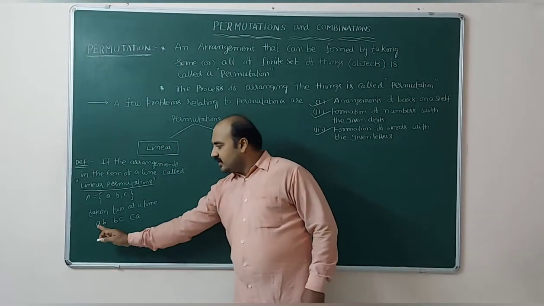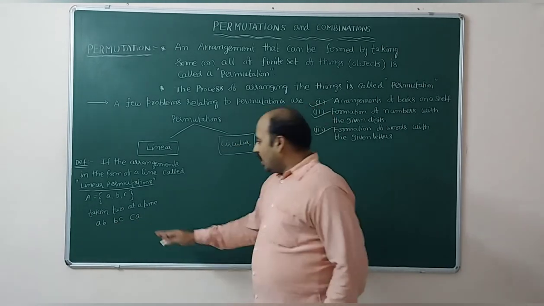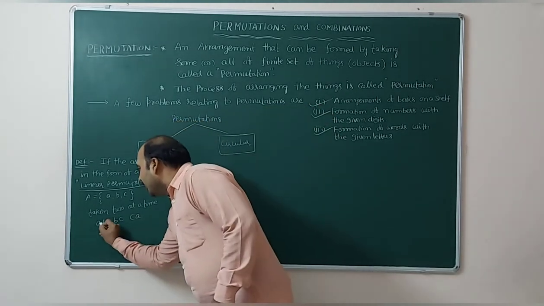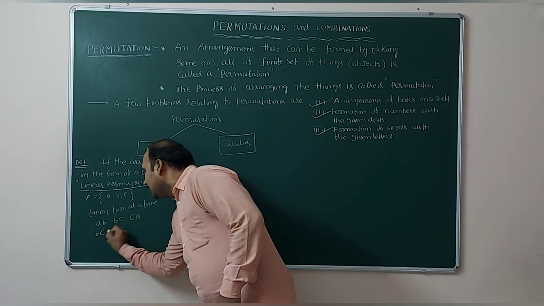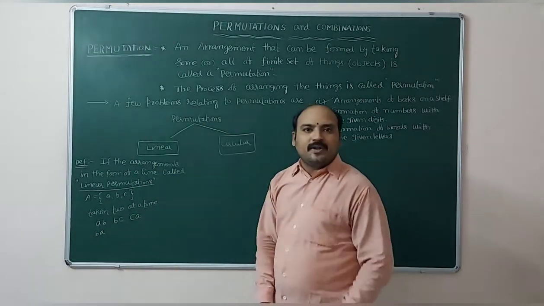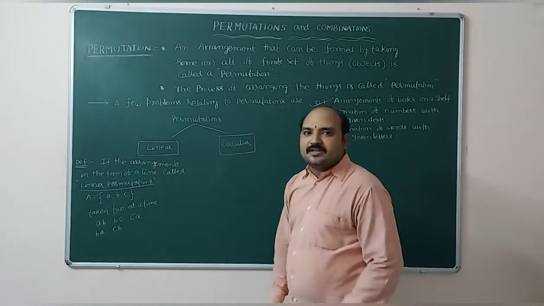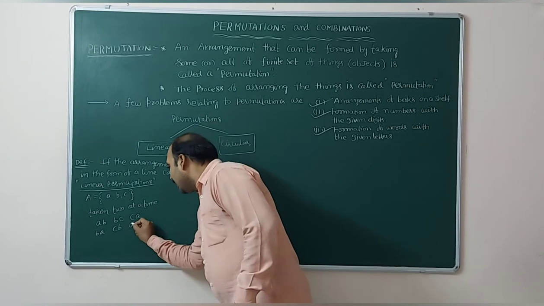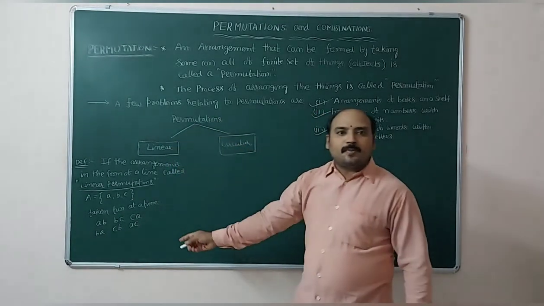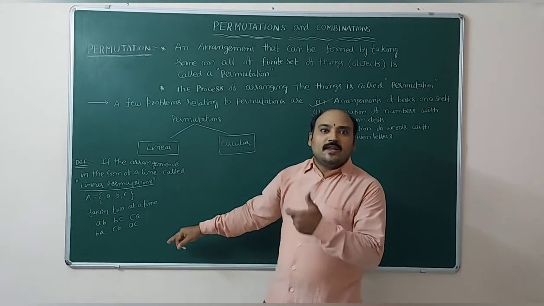We are arranging in a row, in a line. Not only this, but we can also arrange AB as BA, reverse. This is also another permutation. BC, CB we can also write, this is also another permutation. CA, that we can also write as AC, another permutation. These arrangements are called linear permutations.